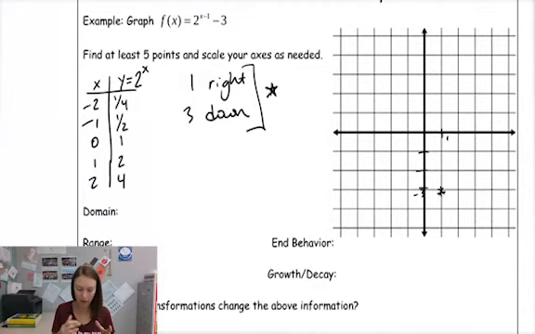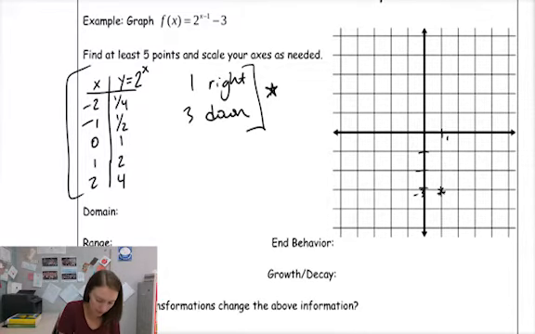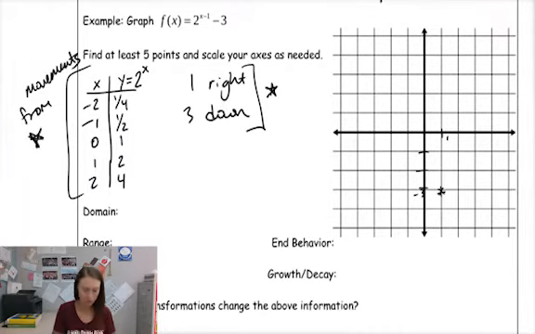Now, I'm going to do these movements from the star. So if I go -2 from the star, I'm going to go up a quarter. So -2 up a quarter, -1 up a half, 0, 1, 1, 1, 2, and 1, 2 to the right from the star is going to be up 1, 2, 3, 4.